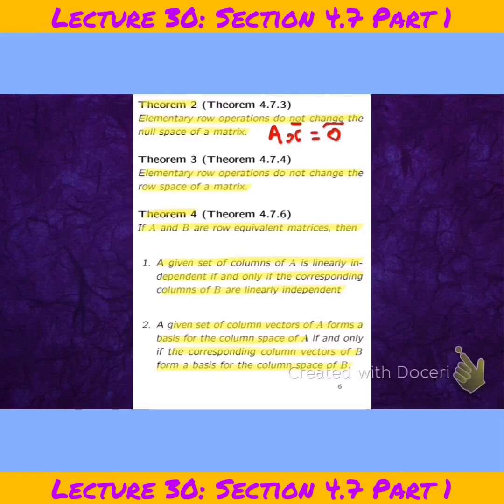So again, I'm not going to prove this, but I'm going to just illustrate this quickly with an example. We're going to use the example we used in the illustration for Theorem 4, the first part.